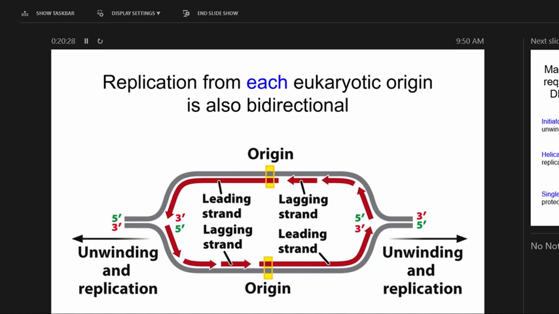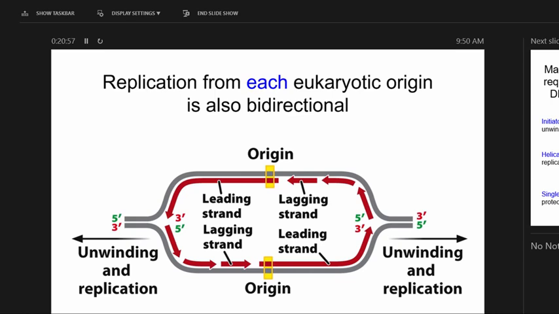However, which is the leading strand and which is the lagging strand changes because of the direction the replication fork is moving. So DNA on the bottom strand has to get polymerized left to right because of the chemistry. It's just that this fork on the right is moving to the right, and the one on the left is moving to the left, so it's the opposite. Make sense?